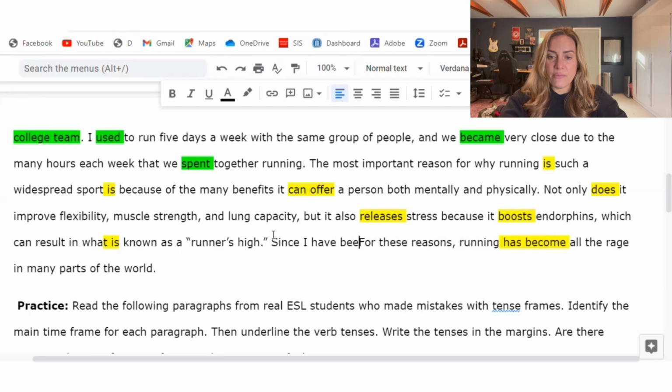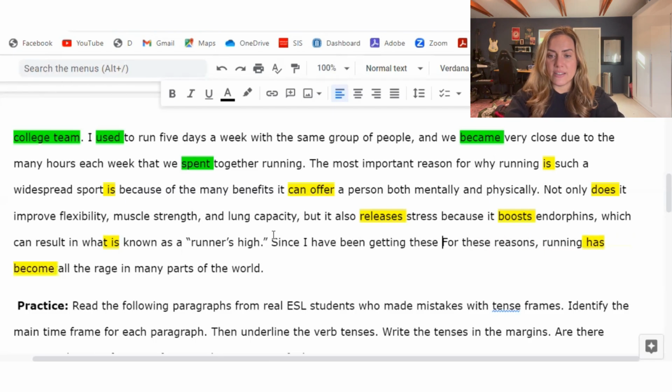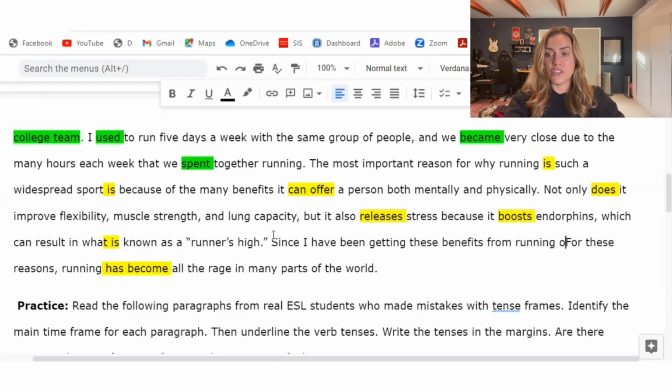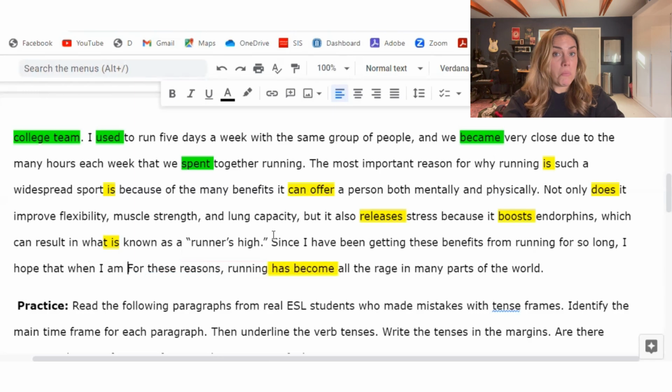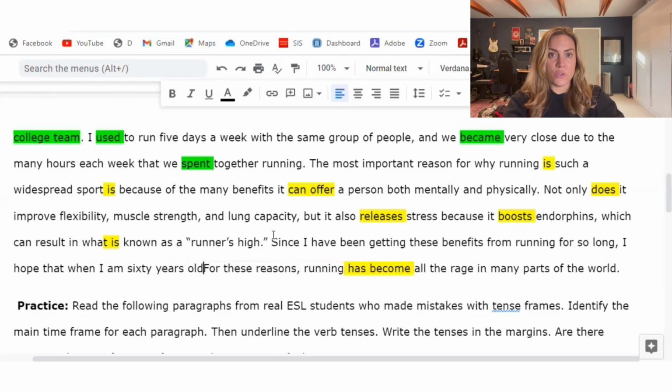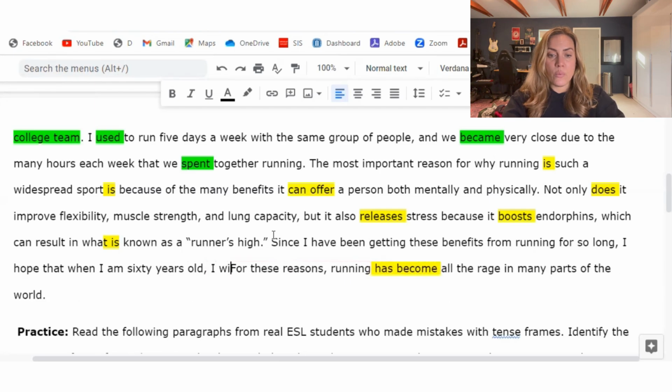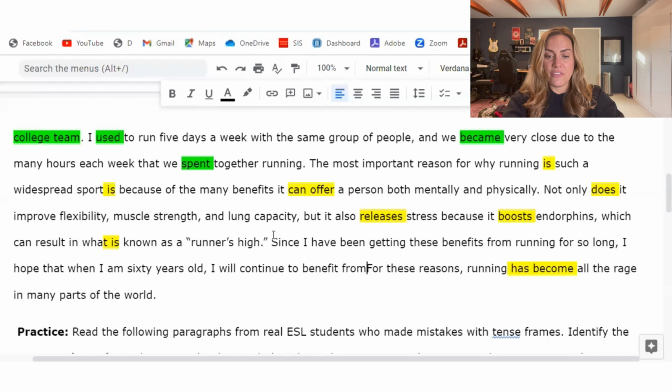Since I have been getting these benefits from running for so long, I hope that when I am 60 years old, I will continue to benefit from this sport.